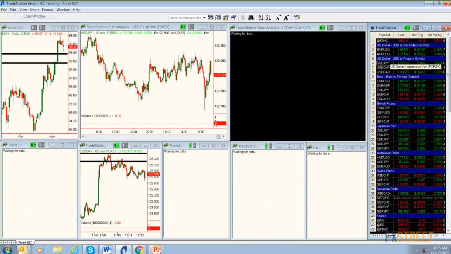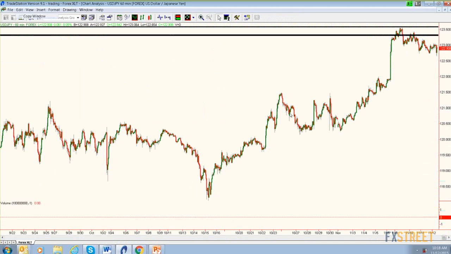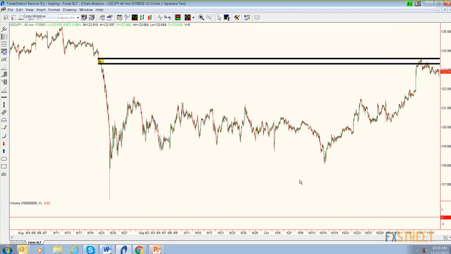I've been involved in that one for days here, specifically off this level right here. Just a second while the charts catch up. Okay, so price rallied into this really key supply zone up here, and now it's turning lower.